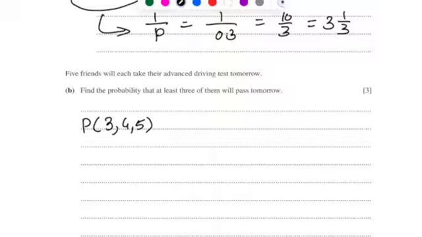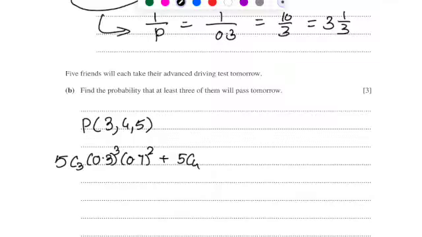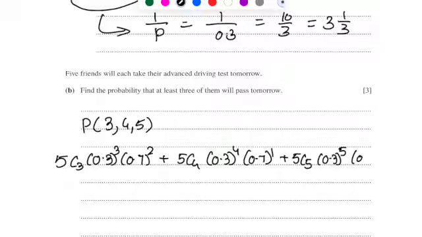Out of 5, 5C3, 0.3 whole to the power of 3, 0.7 whole to the power of 2. Then 5C4, 0.3 whole to the power of 4, 0.7 whole to the power of 1. 5C5, 0.3 whole to the power of 5, 0.7 whole to the power of 0.